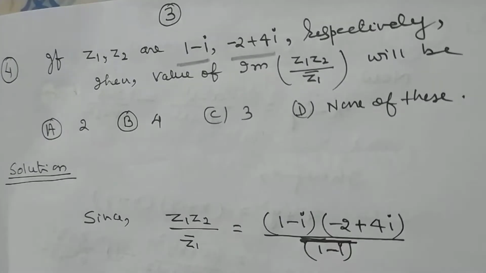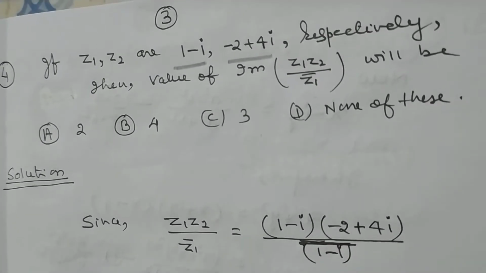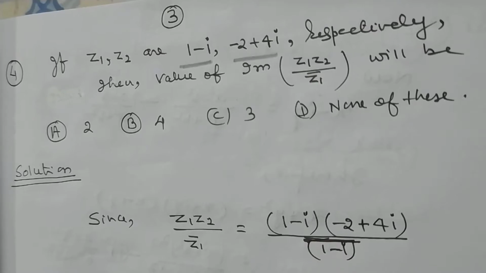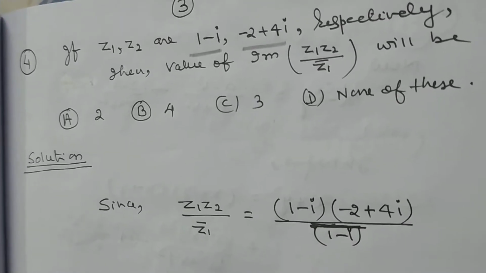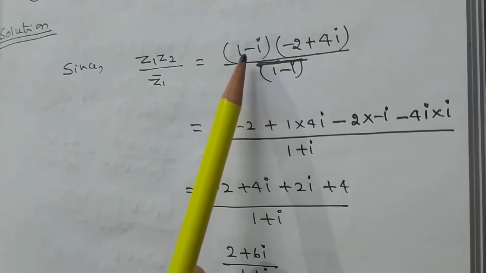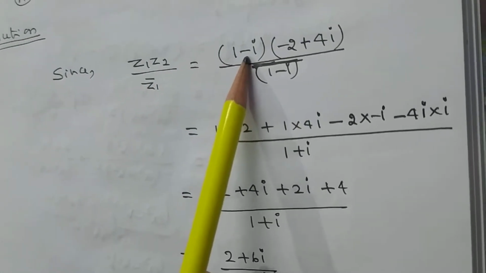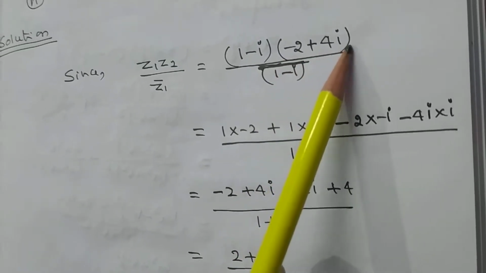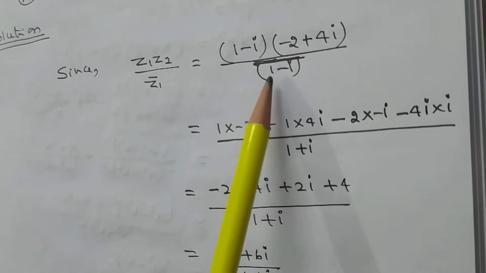My dear student, first you find the value of z1 into z2 divided by z1 bar in terms of Cartesian form. z1 is equal to 1 minus i and z2 is equal to minus 2 plus 4i and z1 bar is equal to the conjugate of 1 minus i.